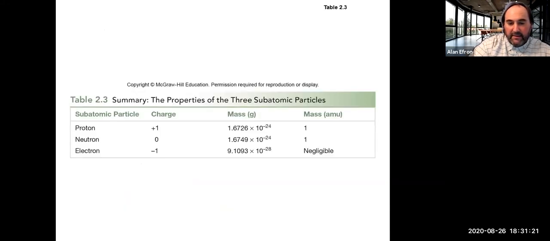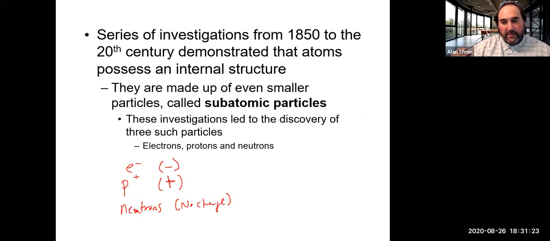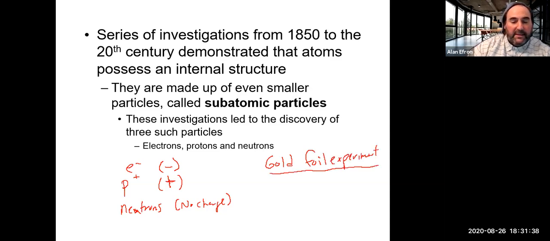There were a lot of experiments done, and there was one very big experiment, which is referred to as the gold foil experiment. Basically, what the gold foil experiment did is they shot what are referred to as alpha particles at pieces of gold foil.